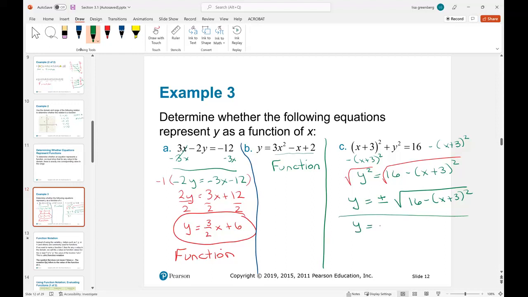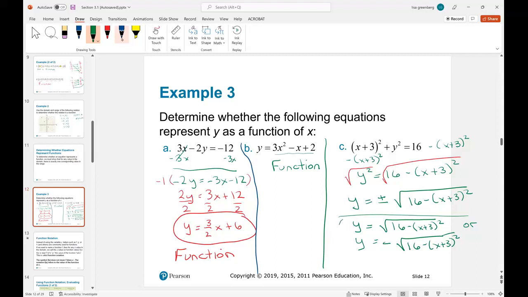Y equals positive the square root of 16 minus (X + 3) squared, or Y can equal negative the square root of 16 minus (X + 3) squared, right? Because if I square both sides, I get Y squared equals 16 minus (X + 3) squared for both of them. And the negative times a negative is a positive, so it doesn't matter.